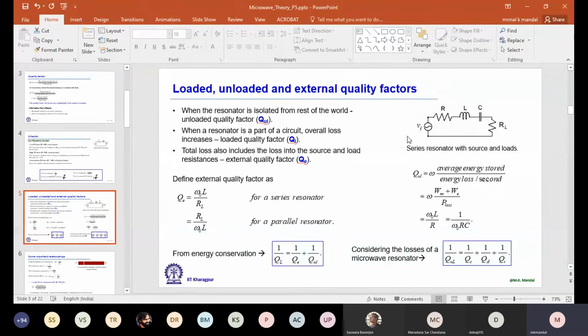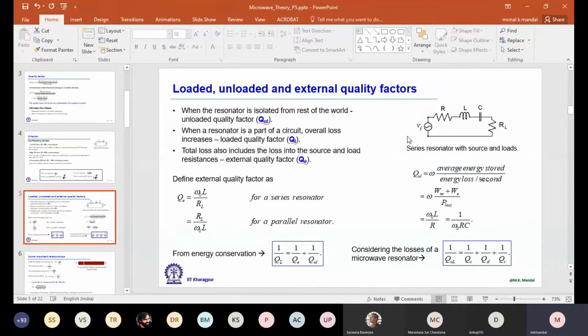So we separate the RL part. We are not considering R now. That term we call the external quality factor, QE. That is equal to omega naught L by RL, no R. Or for a parallel resonator circuit, it is RL by omega naught L.